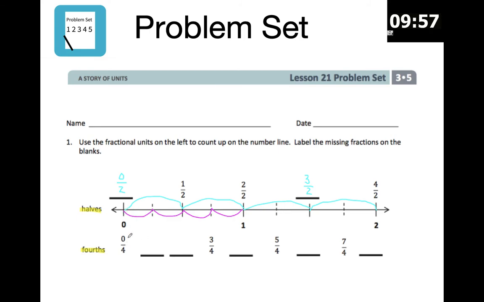Okay, so at the 0, we have 0/4. Then our missing number is 1/4. Then right here at this line, we have 2/4. Then we have 3/4, and then at the 1 whole, we have 4/4.